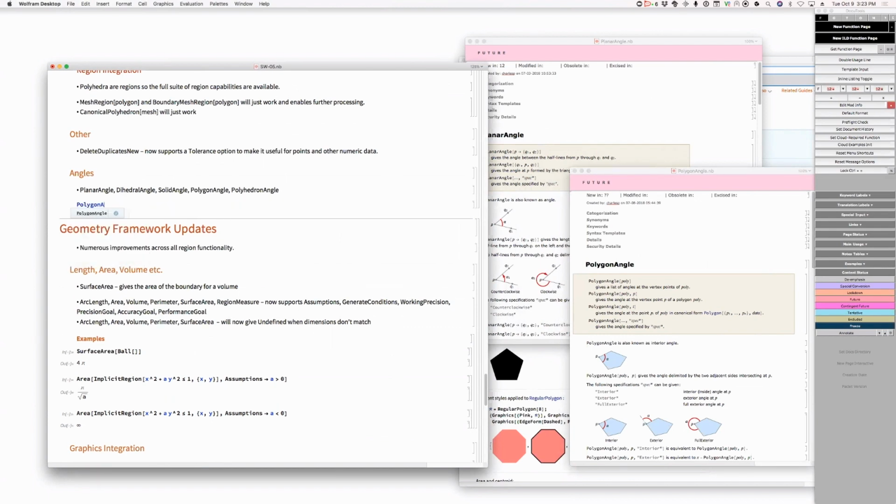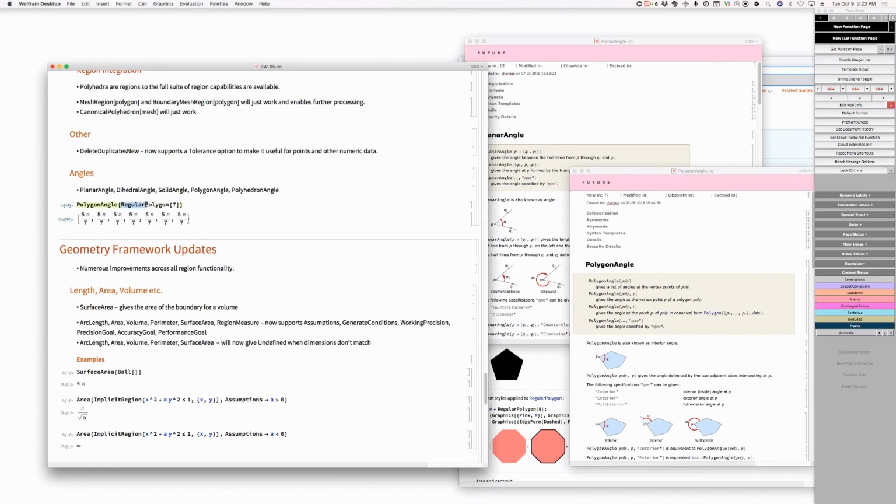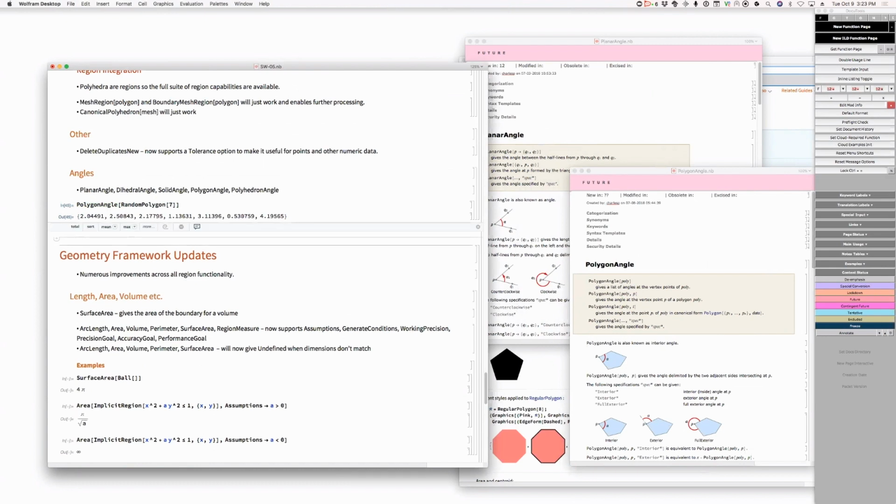If I say polygon angle of a regular polygon of 7, for example, okay, cool. And then if I say random polygon, okay, that's cool. So if I were to say angle path, of course I won't get the same results, but yeah, cool.